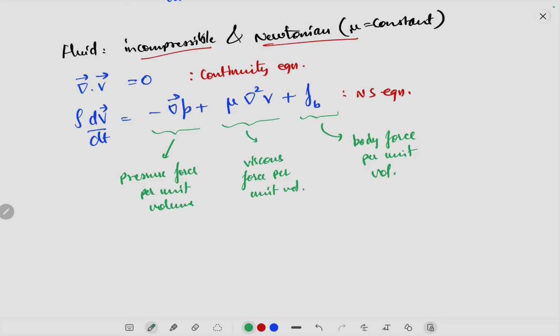There should be a vector over here as well as over here.